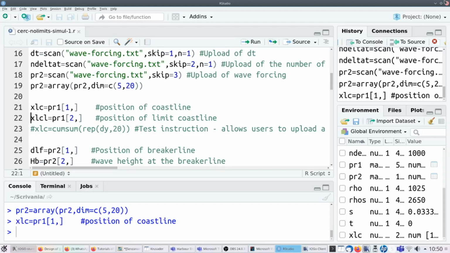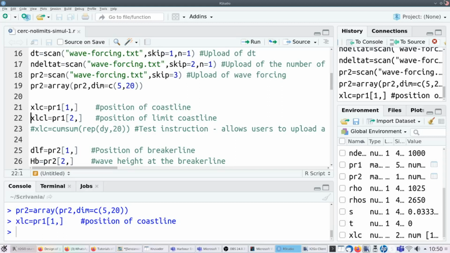For instance, you may put a limit to the erosion or a limit to the accretion. A limit to the erosion may be given by a seawall, for instance, and a limit to the accretion may be given by other infrastructures like a breakwater.